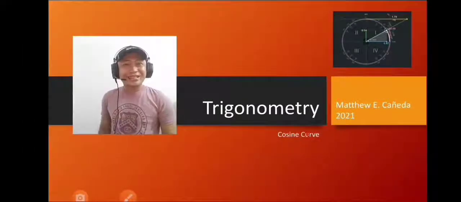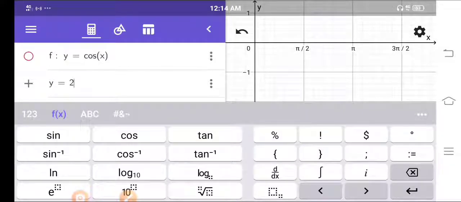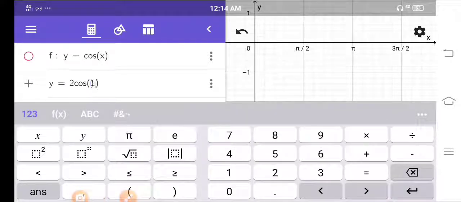In this video, the objective is to identify the properties of the cosine curve. Another example: y is equal to 2 cosine 1 over 3x.